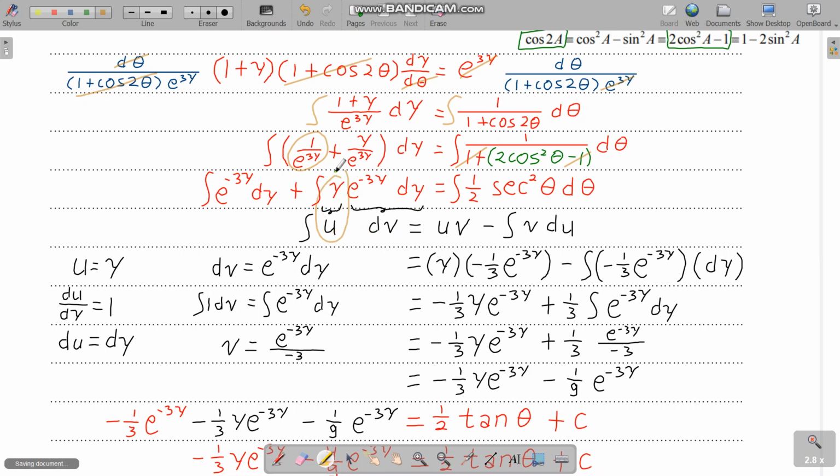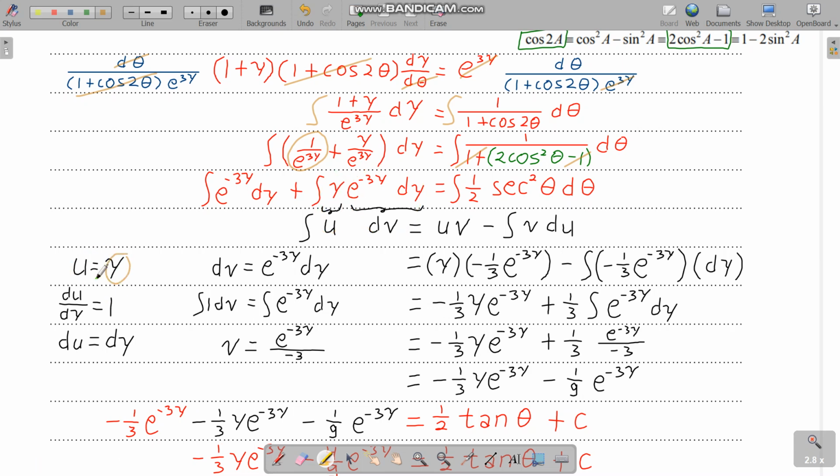If the u is y, the du/dy is the derivative of y with respect to y, so we get 1. And if you multiply both sides by dy, you get du equals dy.